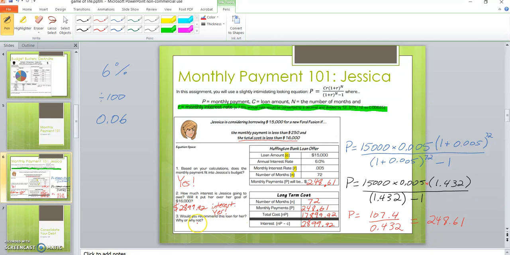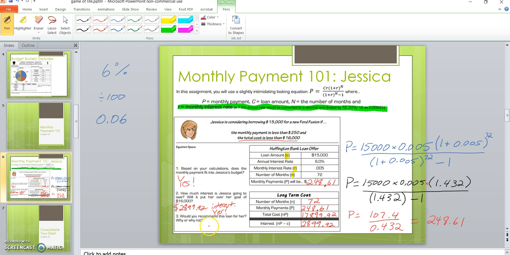Now the last question, you could actually answer it either way. Would you recommend this loan for her? Again, Jessica's considering this loan if the monthly payment is less than $250 and the total cost is less than $16,000. You could argue that you would recommend this loan to her because the monthly payment is less than what she was hoping for.